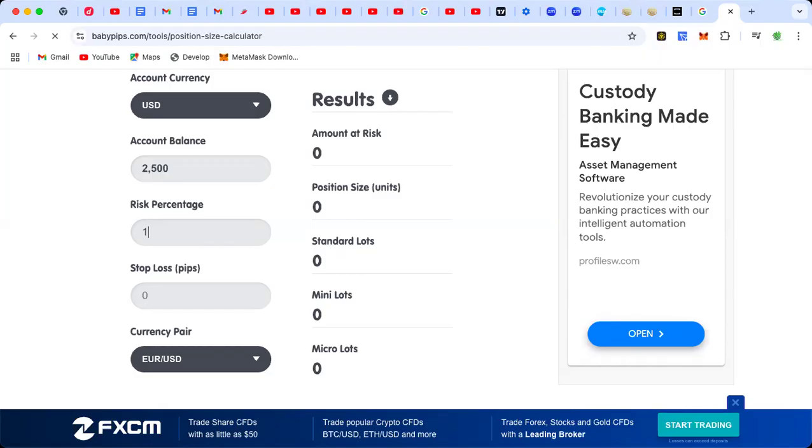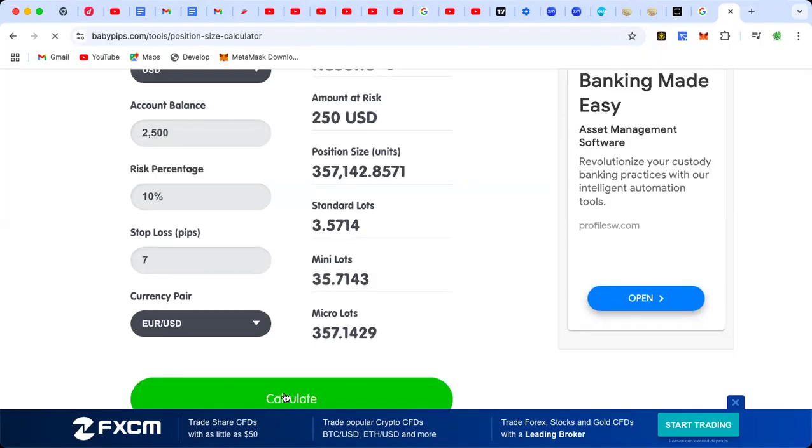So calculate, and let's see what it gives you. 250. You can see, because you have said 10% is what you want to expose, you can use 3.5714. Sometimes you will shout, why is this person using this big lot size?